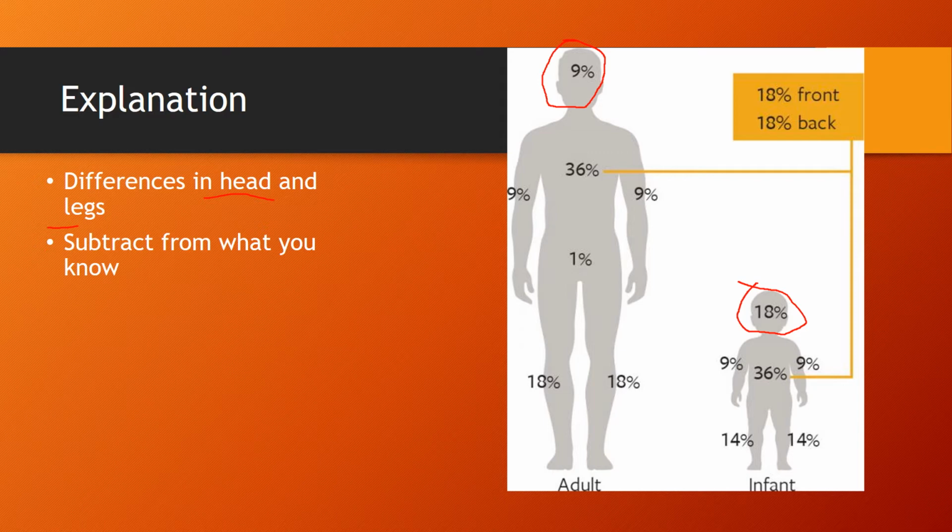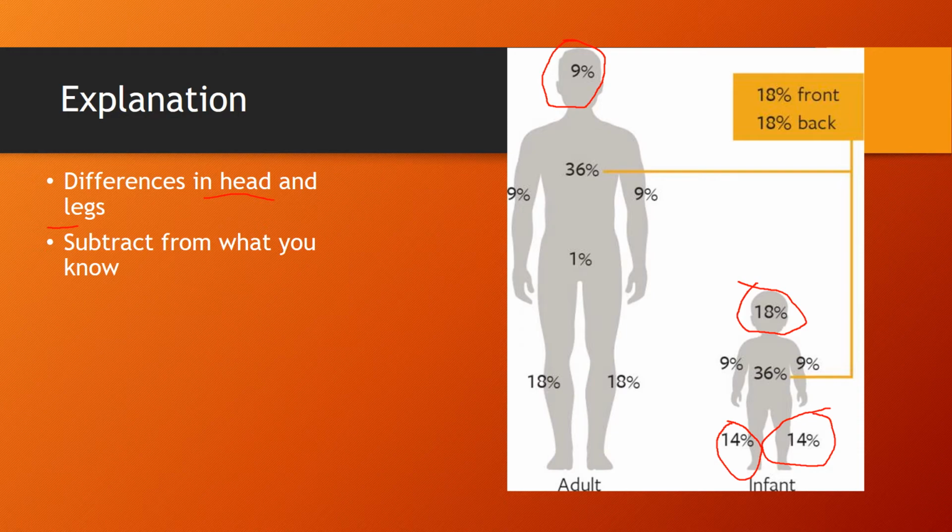The other difference is the legs, and the legs don't really follow the rule of nines per se, in the sense that every section in your body can be used as a unit of 9. It just goes to 14% for each leg, which can be difficult to remember, but there's a way of remembering it.